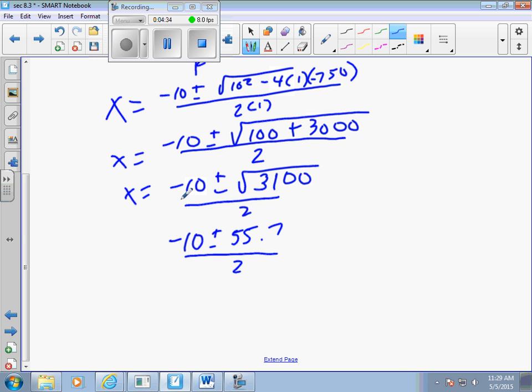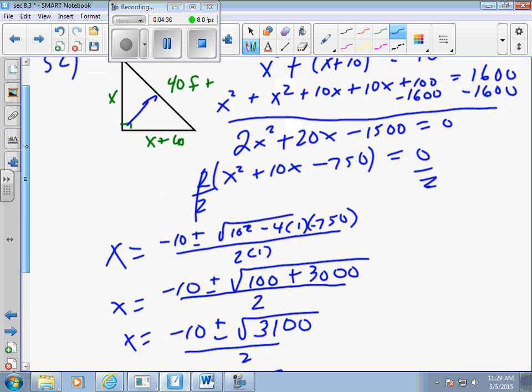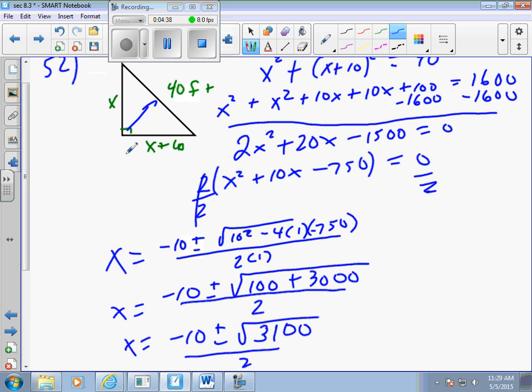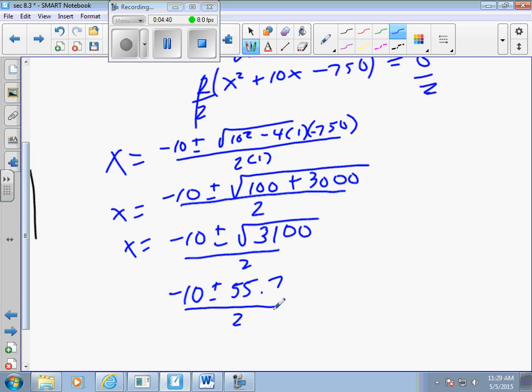Now, because my x is a side length, see how these x's are side lengths? Do I want to find the negative root here? And no, because you can't have a negative side length on a sidewalk. I've never heard of a negative length sidewalk. So I want to use the positive one here.